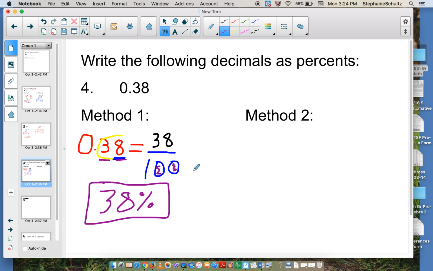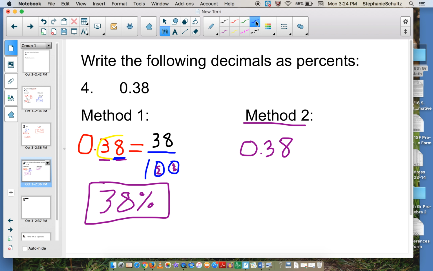That is true. Okay, so method 2, the one that most of you will probably prefer. You have 0.38, and what we're going to learn is, remember how we move the decimal to the left 2 spots to make our decimal?